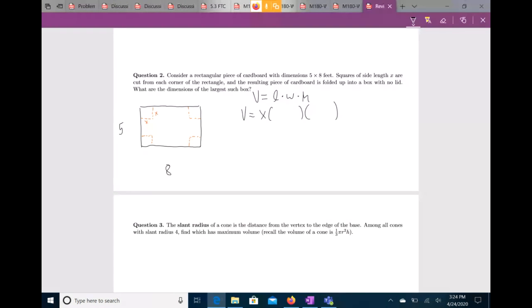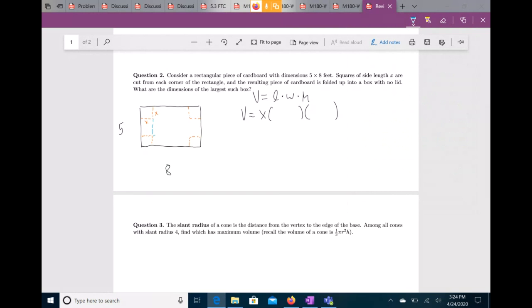What would be the width and length? Good, 5 minus 2x and 8 minus 2x, exactly.